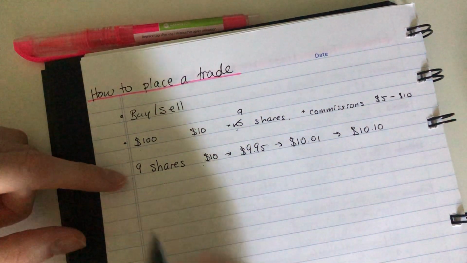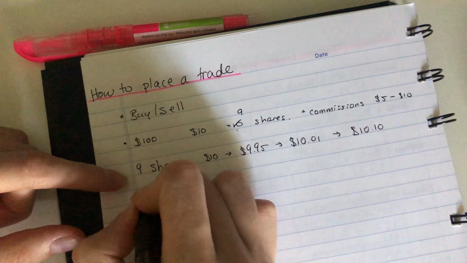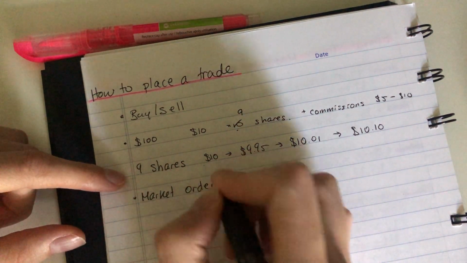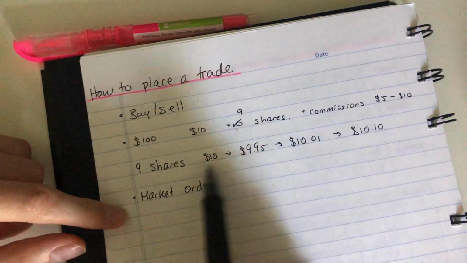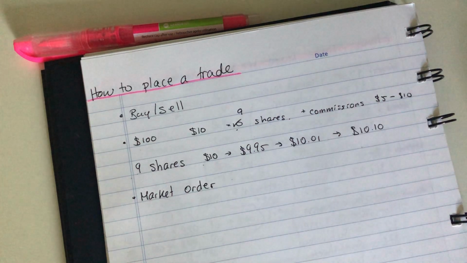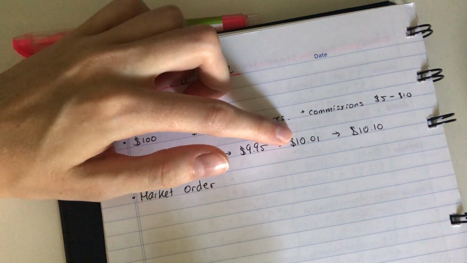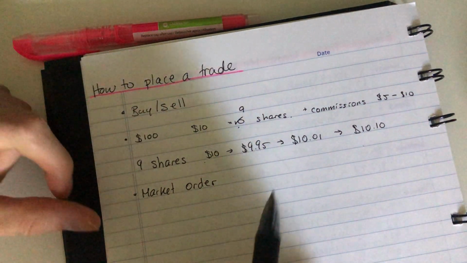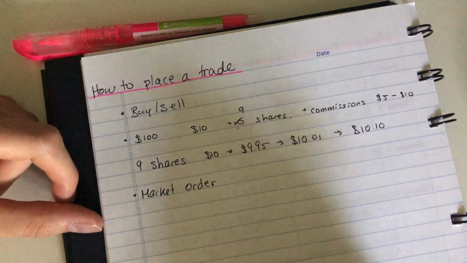If you are okay with that fluctuation, that is called a market order. In this case, market order means that there will be fluctuations with the price. Technically speaking, although the chances of it happening are slim to none, if the value of the share goes up to like $11, $15, $20 within that second when you place the trade, you can get filled at that price.